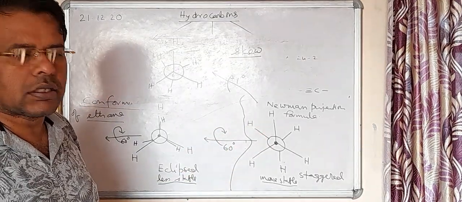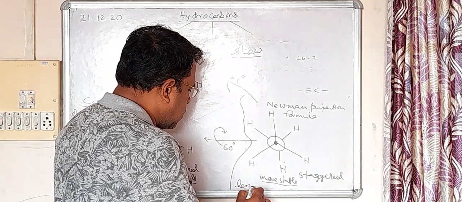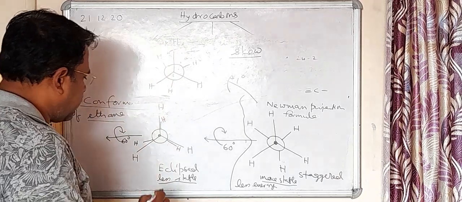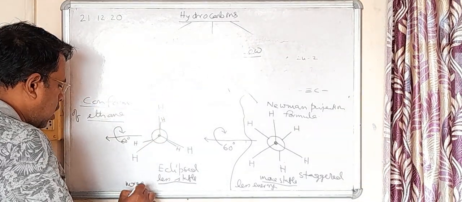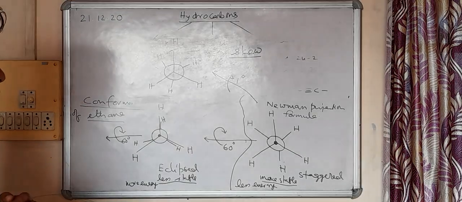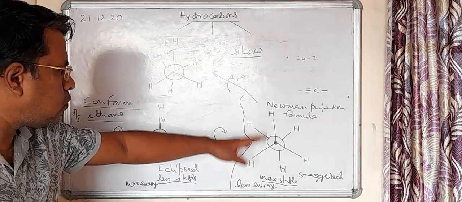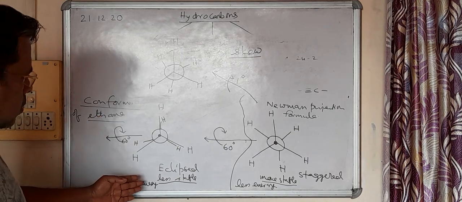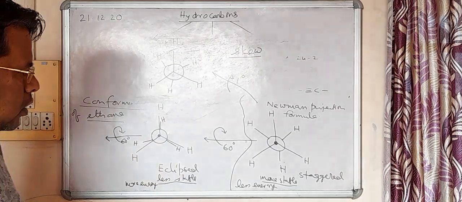More stable means less energy. So this is having less energy, and this is having more energy. So we need to find out why this is more stable, or why it has less energy, or why this is less stable, why it has more energy.